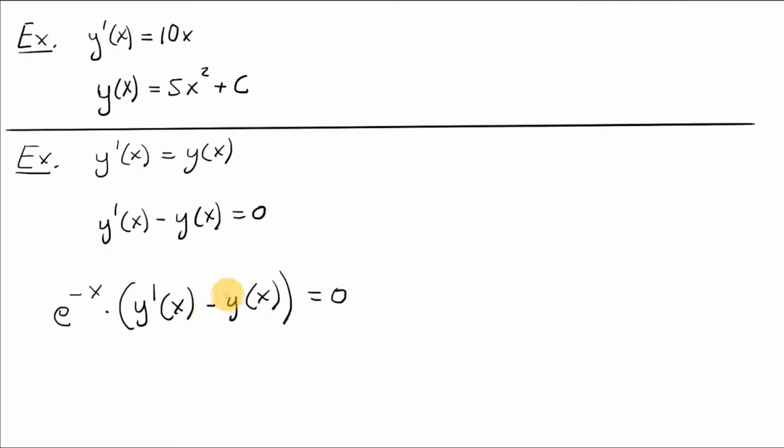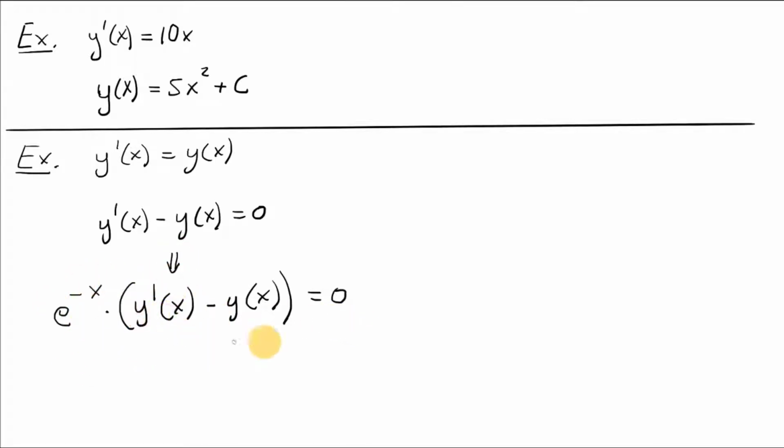Why is that? Well, obviously, if this is equal to 0, then this must also be equal to 0, since this is equal to 0. So we have that if we have a solution to this equation, then it must also be a solution to this equation. We can also go the other way.